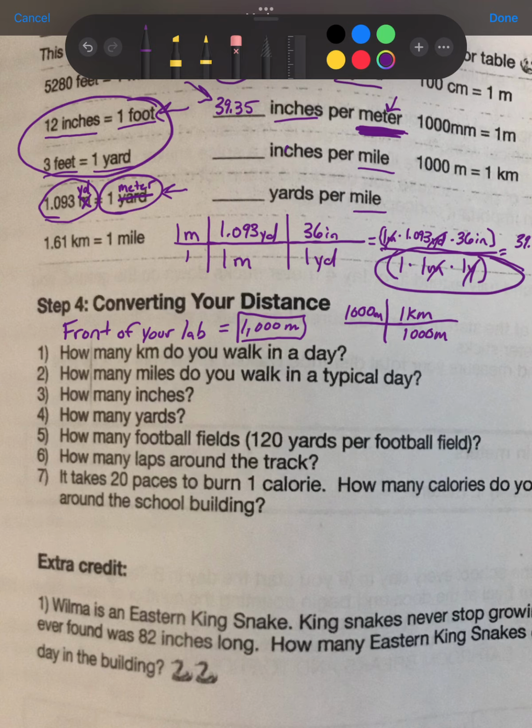So now I set up my fraction. I have 1,000 meters times 1 kilometer divided by 1,000 meters. Fun thing is, when I do this and multiply them all together, this turns into 1. So then it's just 1 kilometer. Okay, but then I have to use my conversion factor up here to figure out miles.